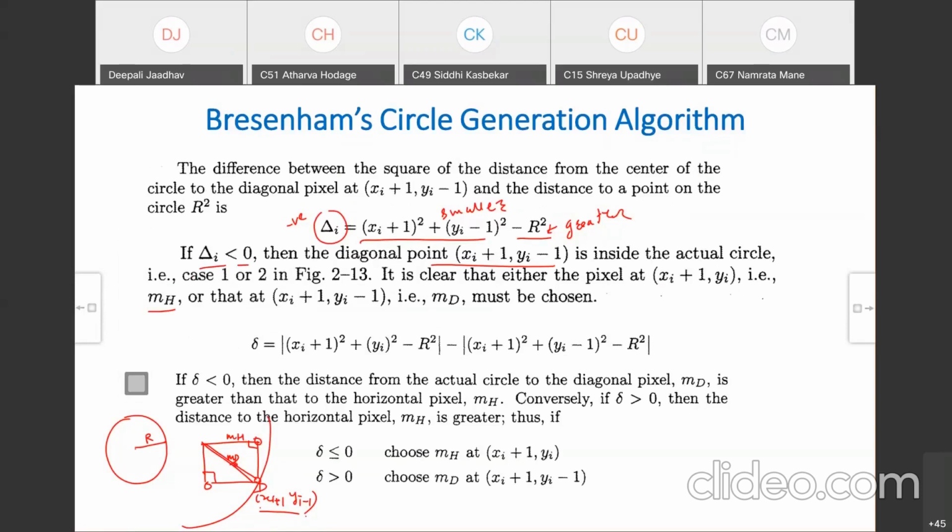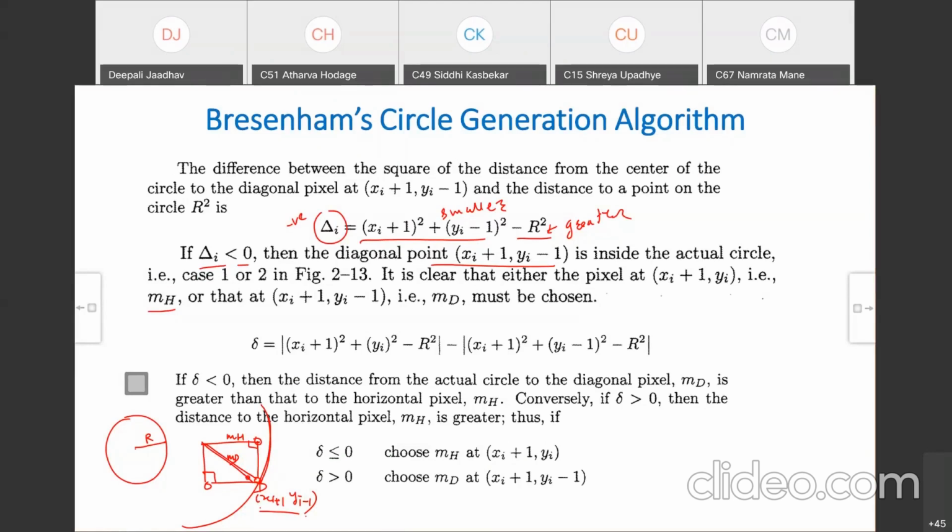Why? Because you can see these are inside the circle. So which one to select, this one or this one, when delta I is less than 0? Means it is smaller. So in that case we choose either mh or md. Why? Both are inside the circle.